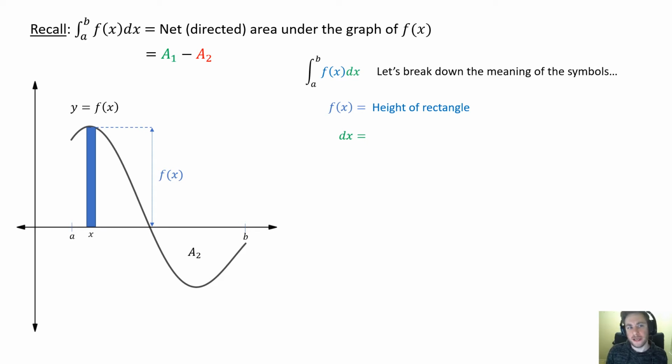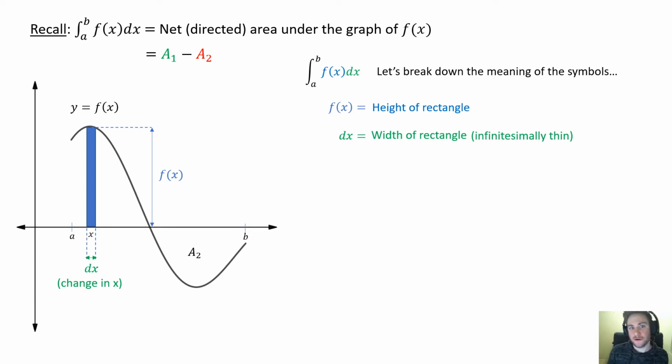Now, what about dx? It turns out that dx is defined as a small change in x, in case you are ever wondering what dx actually is. A change in x is normally what we would call delta x, but we call it dx instead when the change in x is incredibly small, as it would be for rectangles which are incredibly thin. In other words, dx represents the width of an infinitesimally thin rectangle as suggested by that picture.